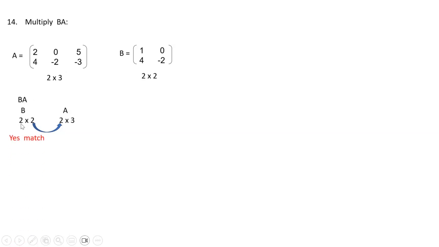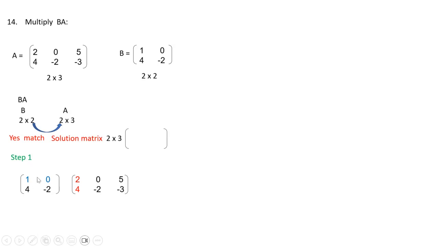And the answer will have the outer numbers, so it will be a 2 by 3. So let's do it. Step 1. I'm going to do it in steps. This is matrix B and this is matrix A. The objective here, guys, is that you have to multiply every row times every column, but in a specific order. First, we're going to multiply the first row times every column.